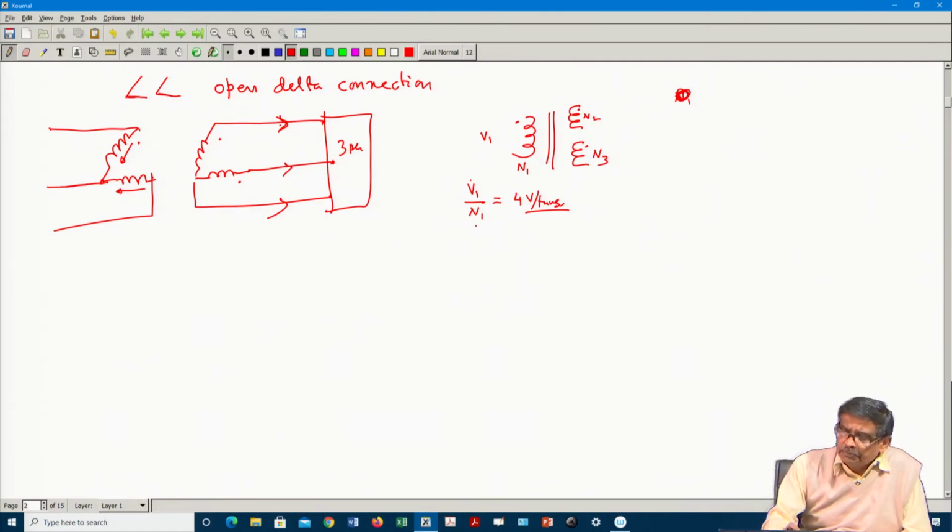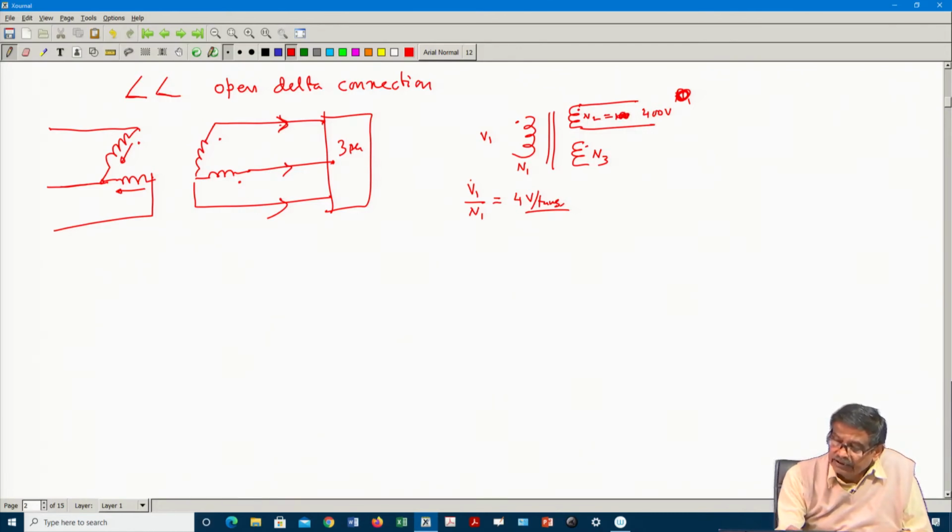If you know voltage per turn, what will be the voltage here? If N 2 is, say, 100 and voltage per turn is 4 volt, it will be 400 volt. Got the point? Voltage per turn is 4.